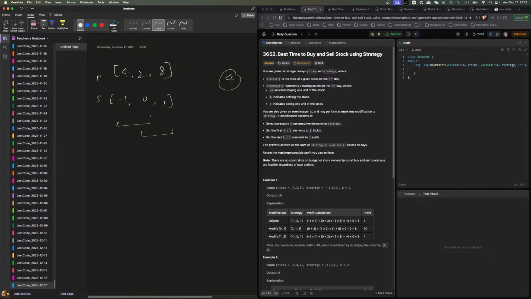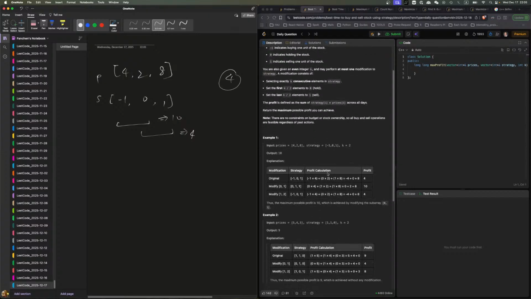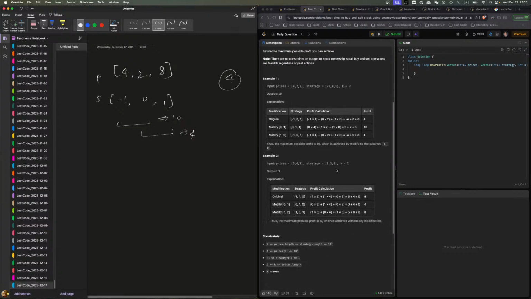If I do the first two, then this will be 0, this will be 1, and it'll be 10, so this will give us 10. If we do this, this will be 0, this will be 1. This is the same, so it's 8, it will be 4. So the answer is 10. And this is if we don't do anything.